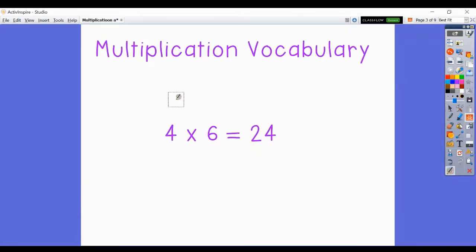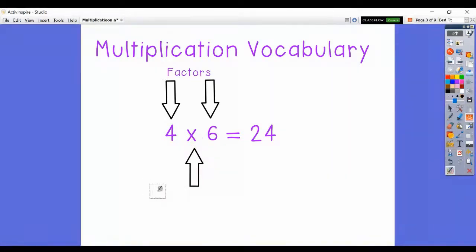So before we move forward, I want to make sure we're all on the same page with multiplication vocabulary. First we're going to look at the 4 and the 6 that are being multiplied together. The 4 and the 6 are both factors. Then we have this x, and in a multiplication statement, it is the multiplication sign.